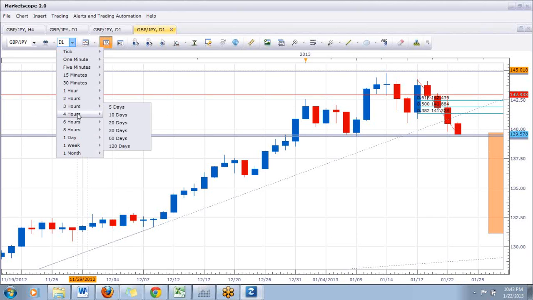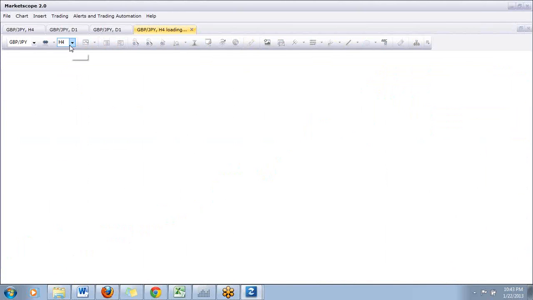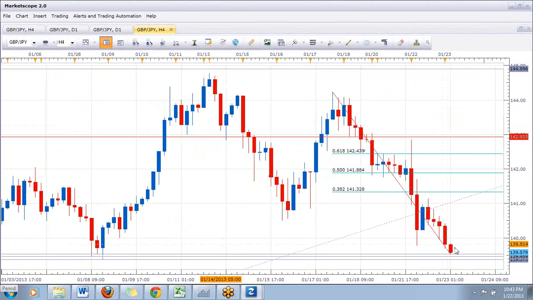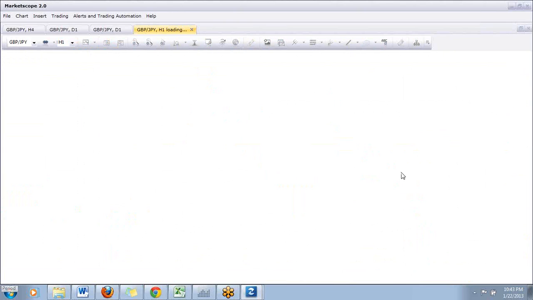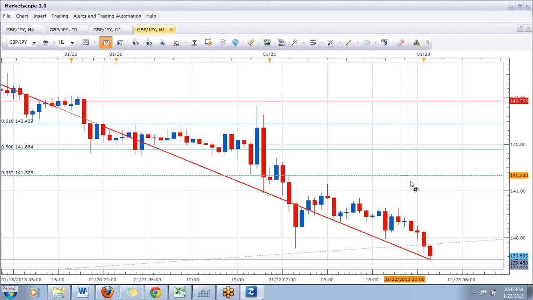Okay, now let's go through 4 hours. On the 4 hours, there's nothing in terms of the momentum stopping. Okay, let's look at the 1 hour. So not even a doji.